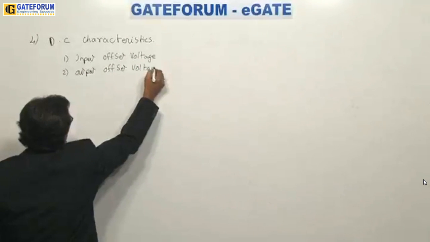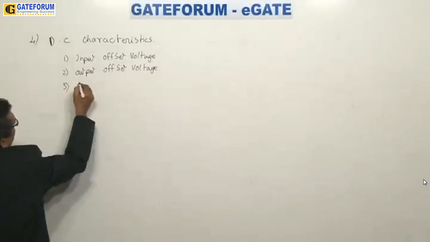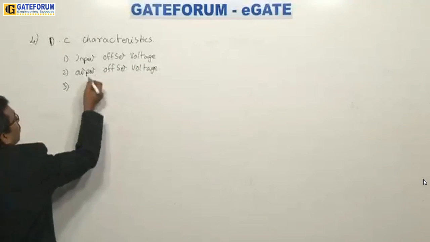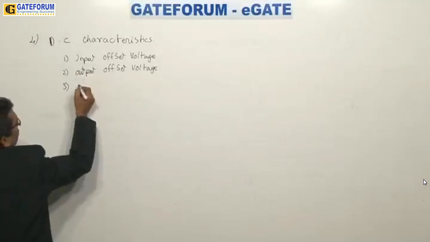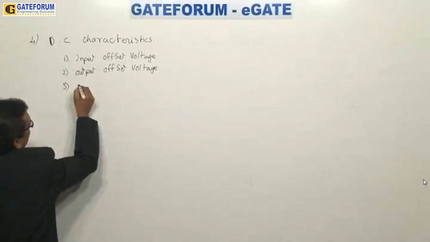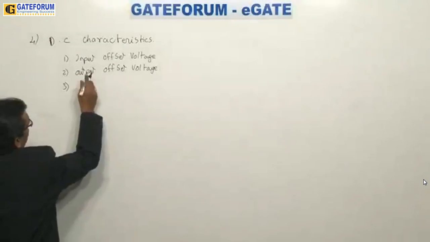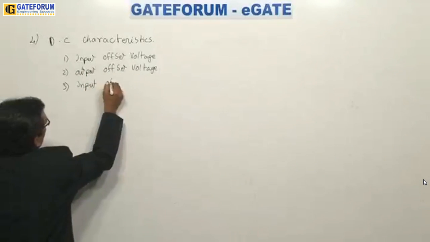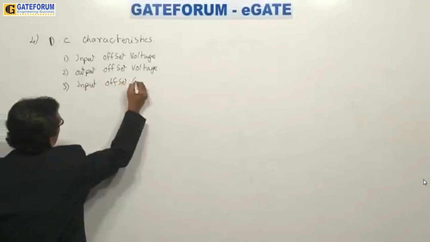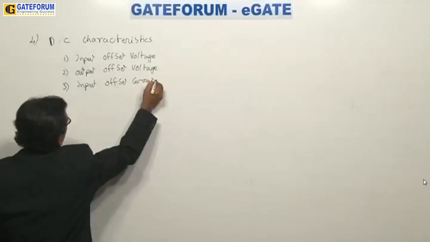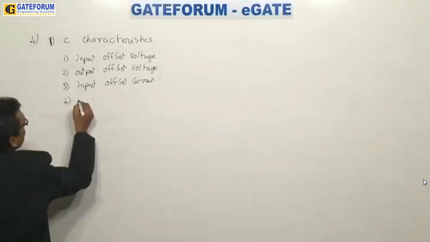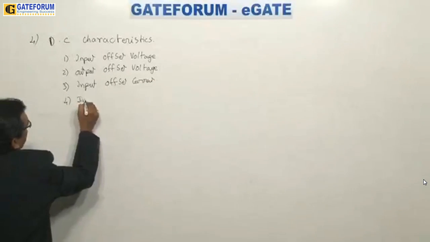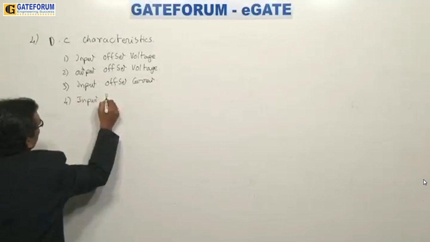Then you have input offset current. And the fourth one is input bias current.